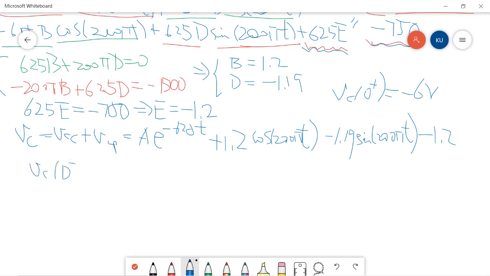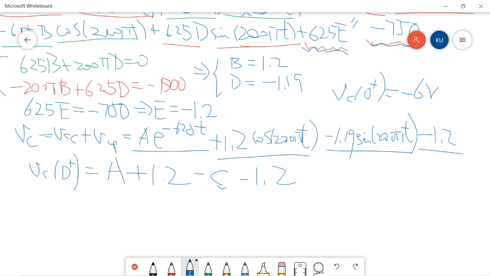So VC0 plus is this one, A, this one plus 1.2, this one 0, this one minus 1.2, and this should be equal to minus 6.